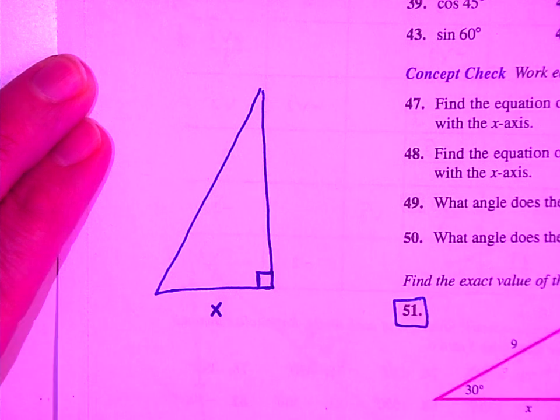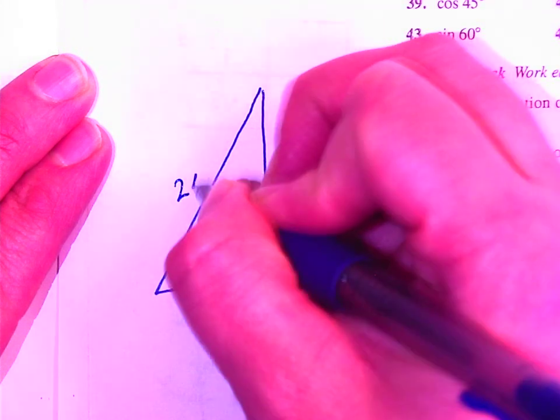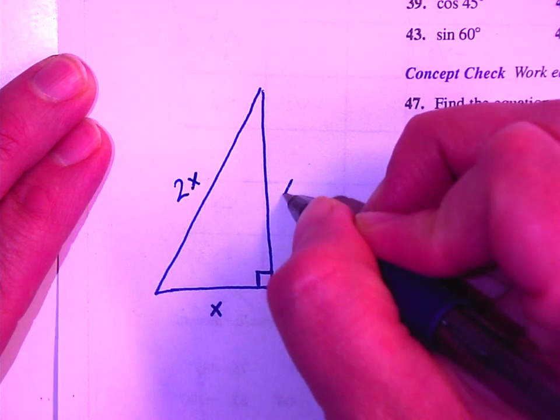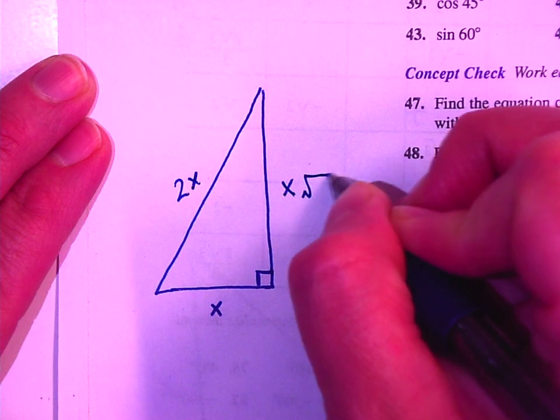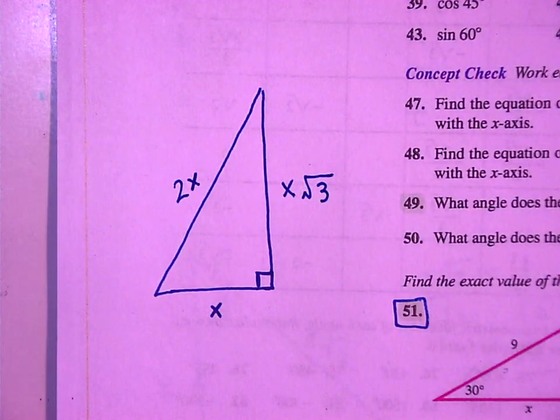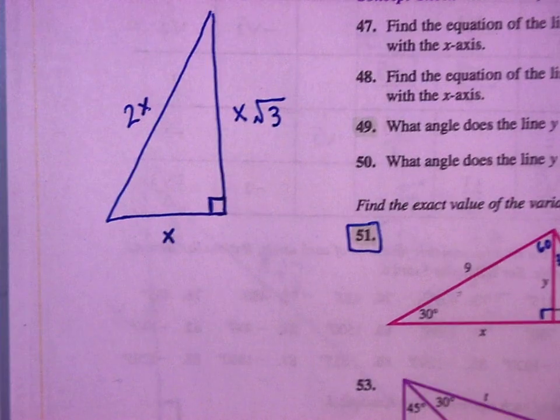This one's x. Do you remember which one's 2x? And what's this one? x times the square root of 3. The 45, 45 is the square root of 2. That's the rule we're using.